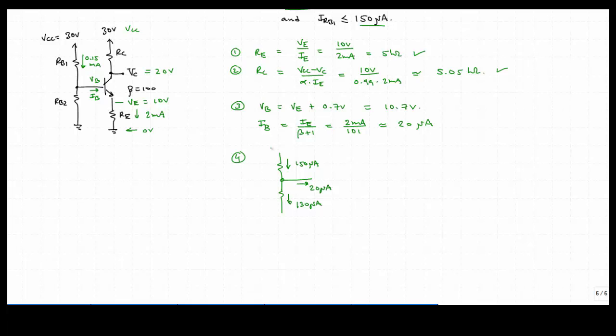Furthermore, we have 30 volts at the high end of RB1, and we have 10.7 volts at the low end.